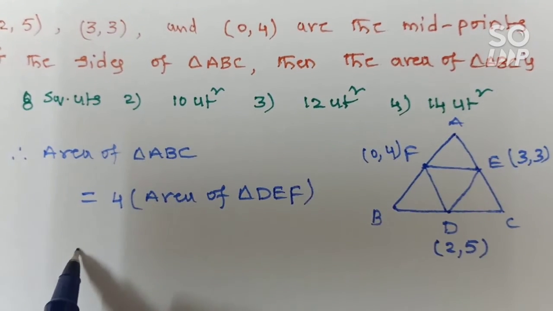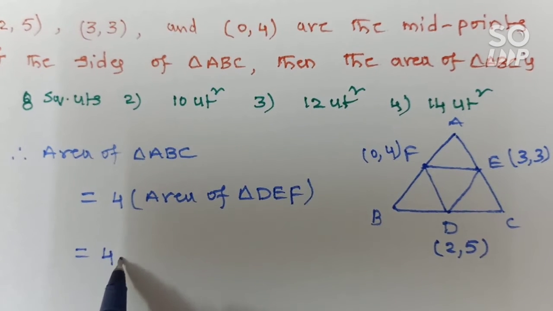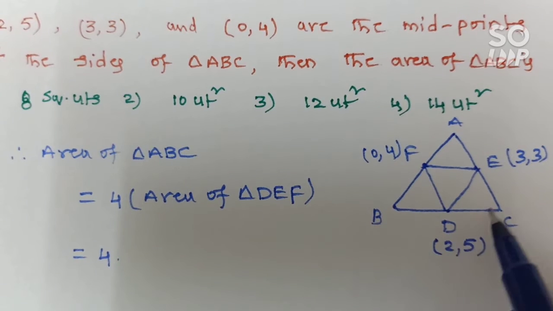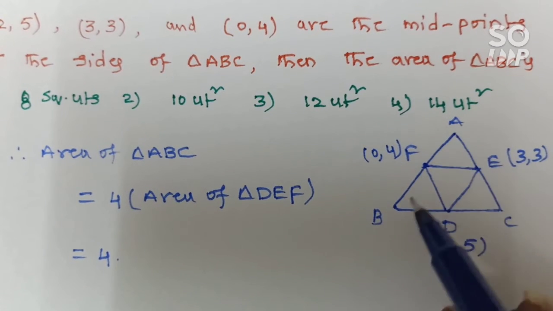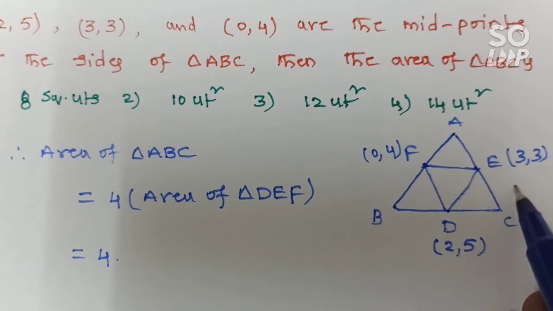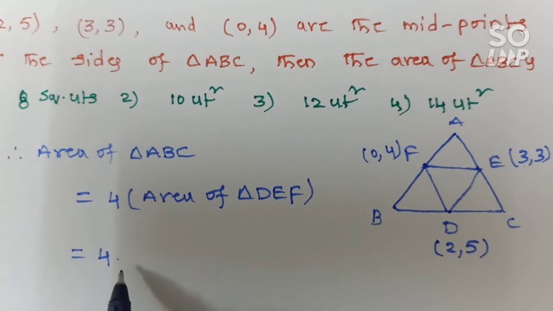So you know how to find the area of any type of triangle, whatever the given three points, the vertices of the triangle, are. Take one point as (x1, y1), another as (x2, y2), and the third as (x3, y3).